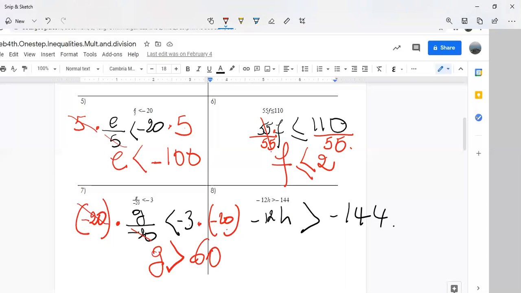And here I have to divide again by a negative number, negative 12, which means I have to switch the inequality symbol. Here it cancels, I'm left with h, and 144 divided by 12 is 12. A negative divided by a negative is a positive, so h is less than 12.